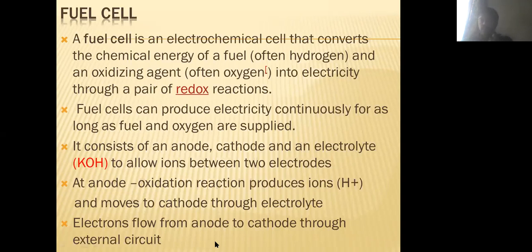So both hydrogen and oxygen are produced in the electrolysis process. That was one method we used for the production of hydrogen, which we did previously also.